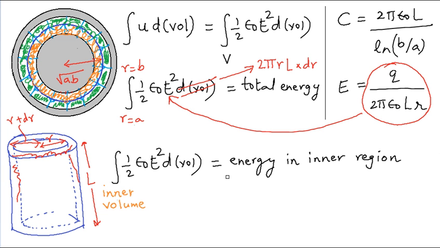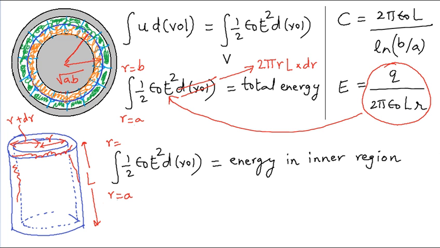Next we evaluate the energy in the inner region. Since we evaluate this integral in the inner volume, the limits of integration are now going to be r equal to a, and the upper limit would be r equal to the radius of the blue cylinder which I've drawn in the original figure.